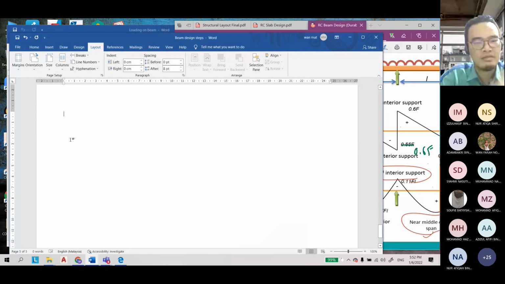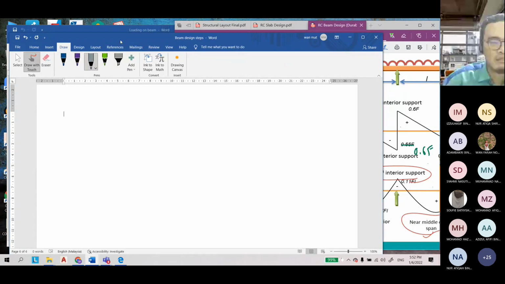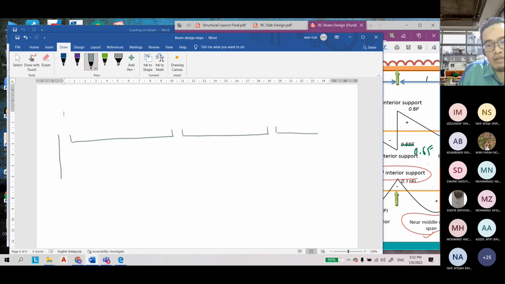So this is your detailing later, just like the slab design. I will show you the detailing. You just sketch it. Sorry, this is not AutoCAD.